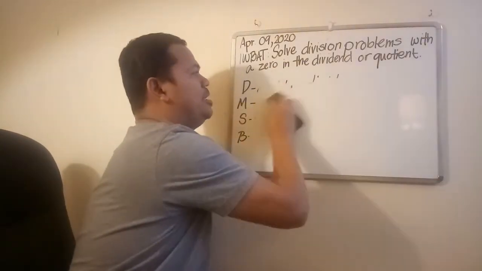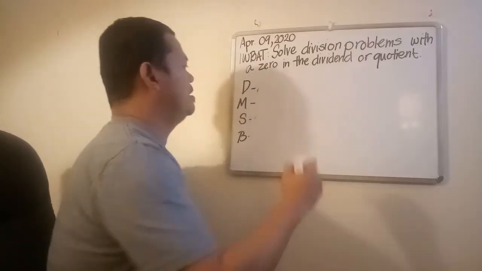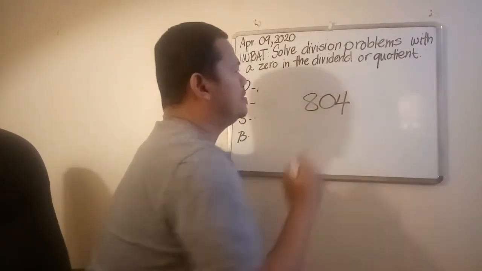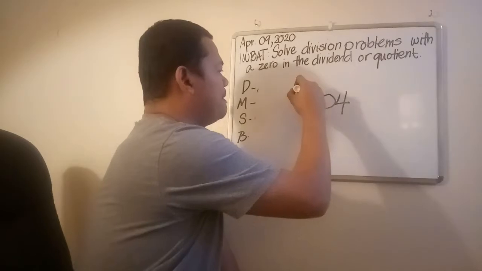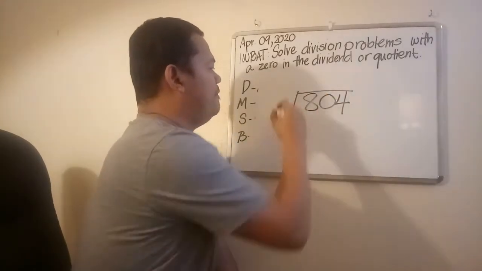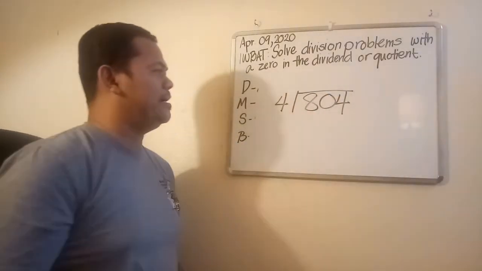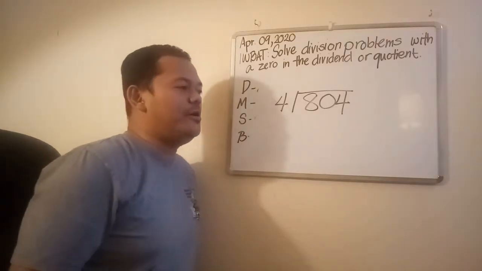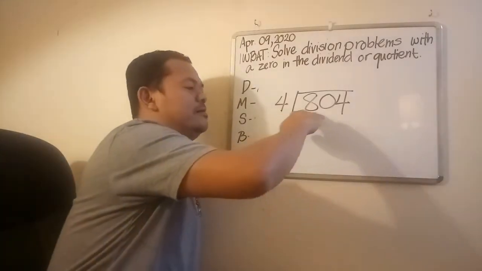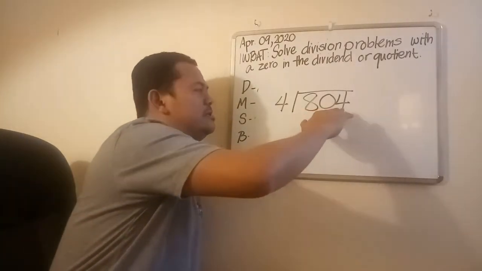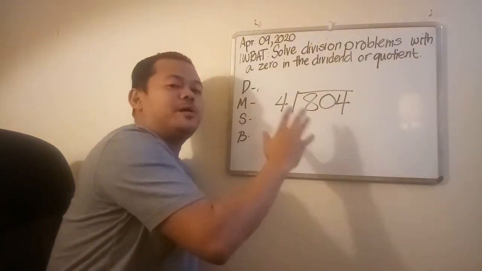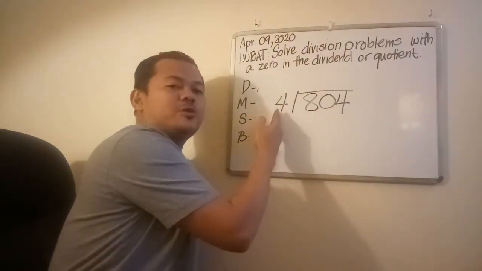So let's start with this number, 804 divided by 4. The first thing we do if we have a 3-digit dividend is find the number closest to our divisor.